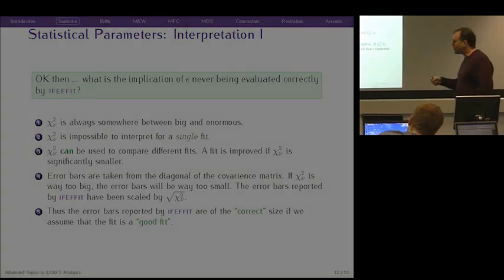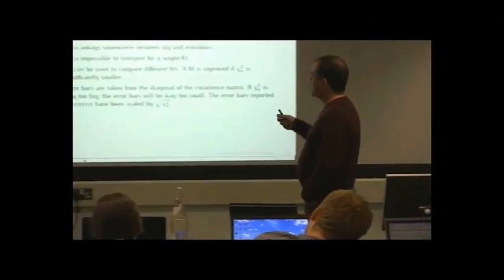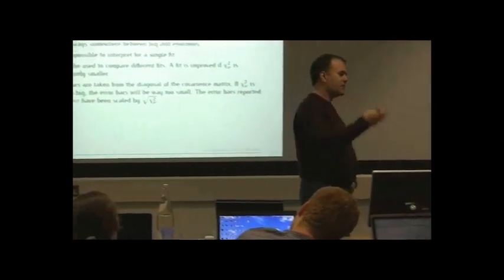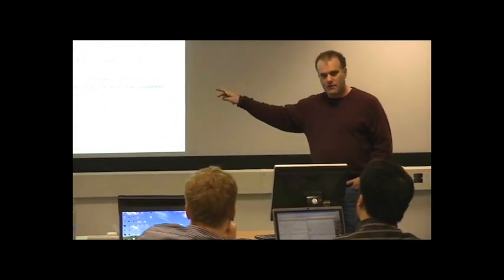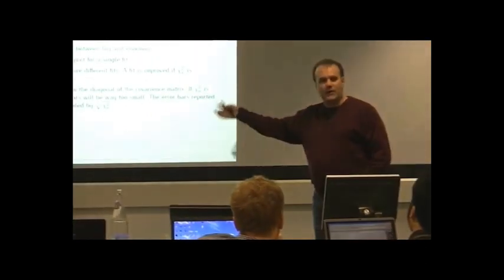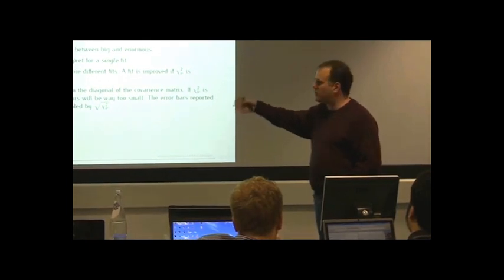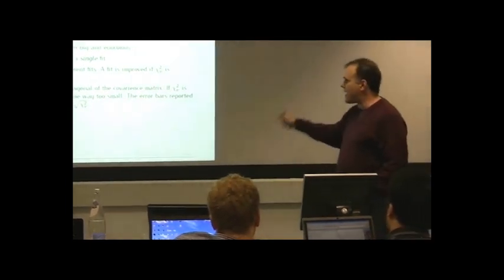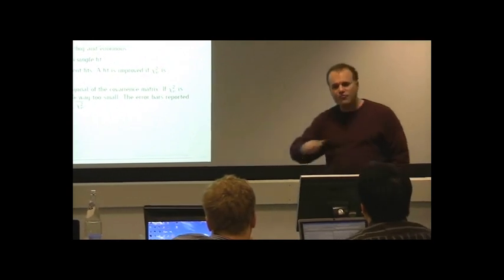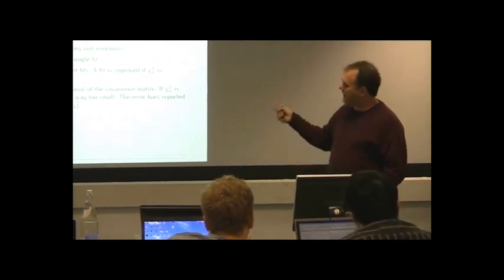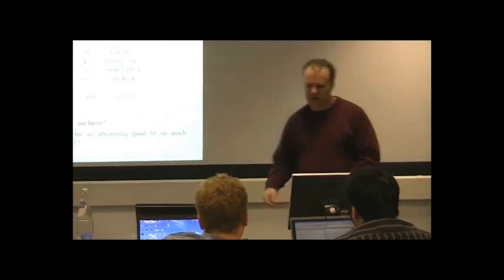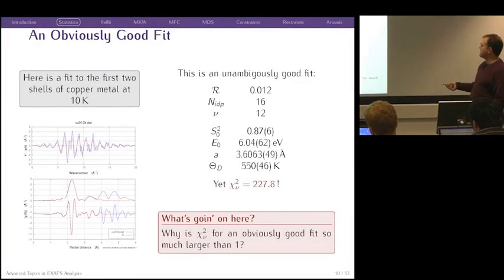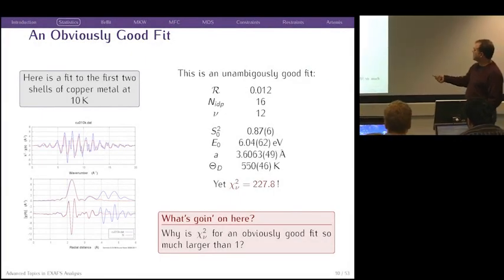So if IFEFIT were to simply report the diagonal elements of the covariance matrix, which is what you're supposed to do in basic Gaussian statistics, the statistical model on which all of this is based, then the error bars would always be extremely too small. In the case of the copper, where we had reasonably sized error bars, they would be too small by the square root of that, which is about 15. So all these uncertainties would be 15 times too small.